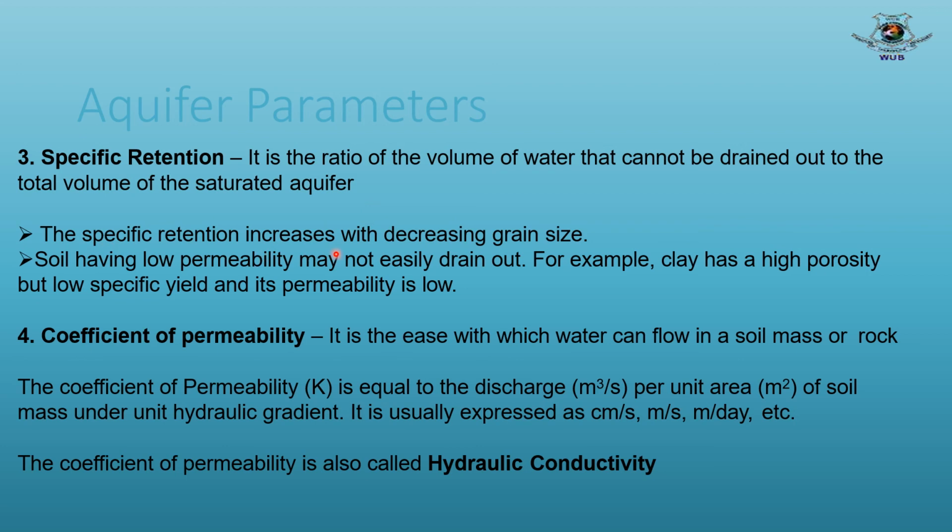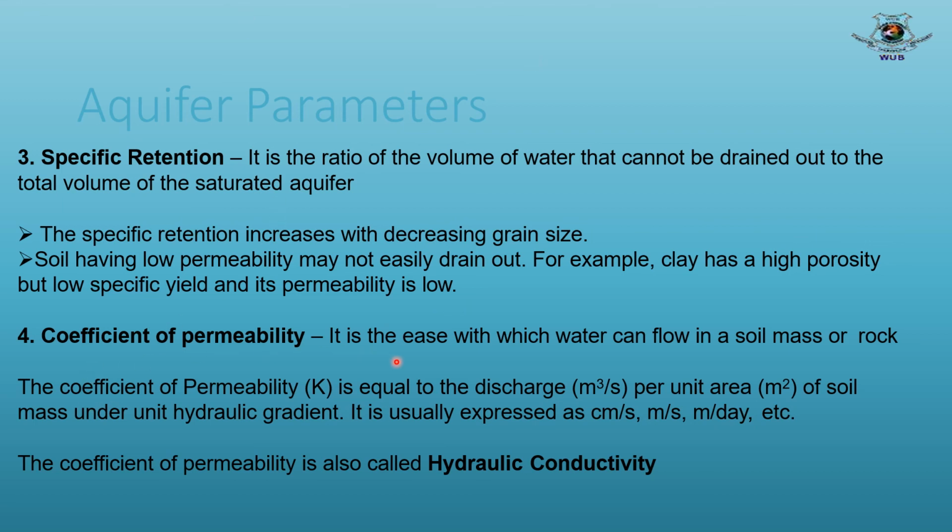The specific retention increases with decreasing grain size. Soil having low permeability may not easily drain out. For example, clay has a high porosity but low specific yield, and its permeability is low.